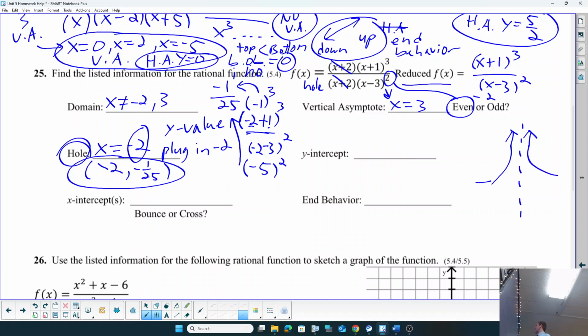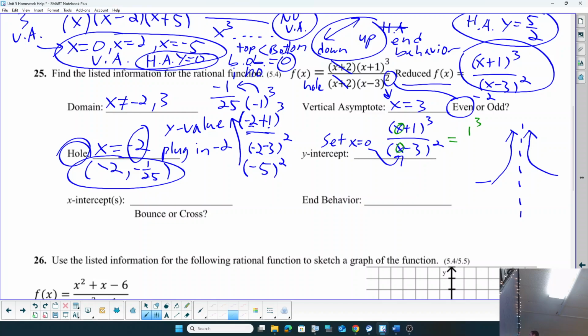Let's see here, the y-intercept. To find the y-intercept, you set x equal to 0. And so whatever's left, the reduced function, we have x plus 1 to the third power over x minus 3 all squared, so you plug in the 0 there and there.